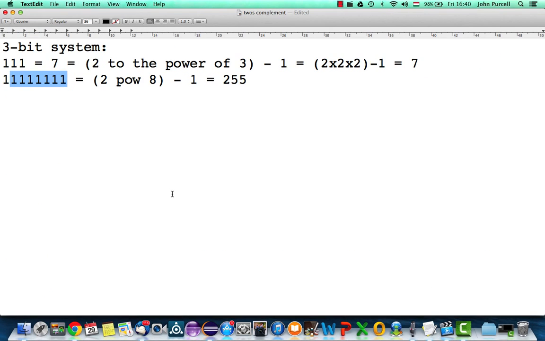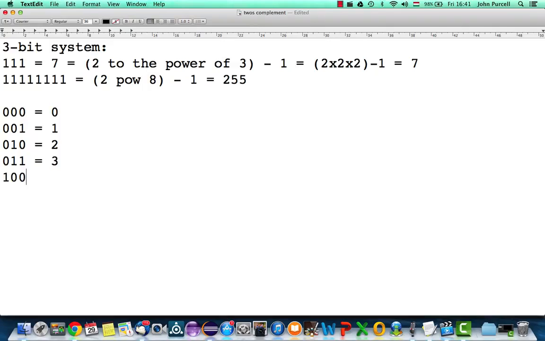So let's have a look and think about this a bit more carefully. Let's keep with this system. The most obvious thing to do is that we say, okay, the most significant bit, this one, is the sign. So therefore 000, that's 0 in decimal. 001, which gives us 1. 010, that's 2. 011, that's 3.